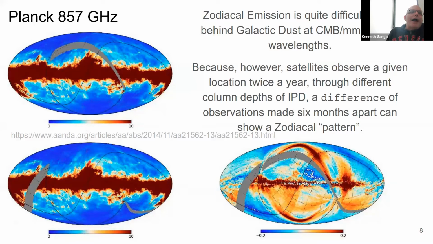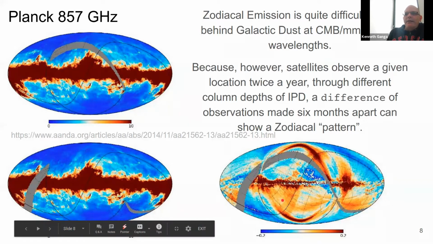But if I subtract these two things, you get this map. And this, at least for me, encapsulates everything we're trying to do here. First of all, the zodiacal signal looks like this. It's this blue part, and then this red part, and then there's sort of a red part and it's confused with the galaxy, and then there's this blue part.